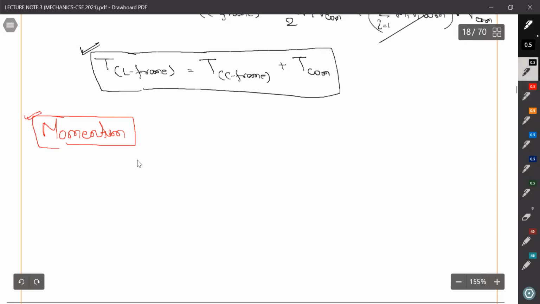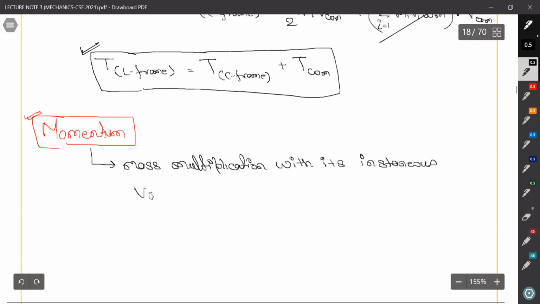Momentum is basically mass multiplied with its instantaneous velocity. Remember one thing, momentum is always defined instantaneously.